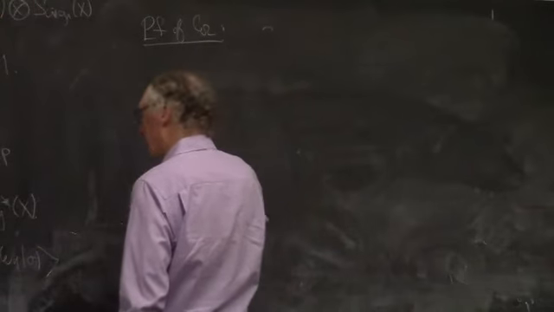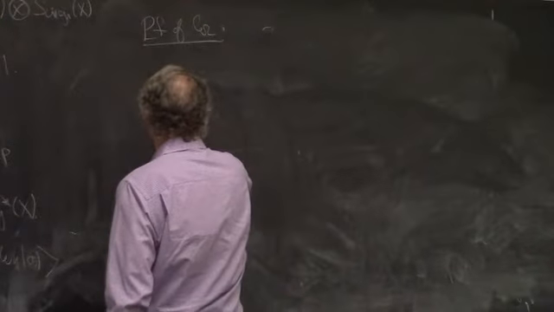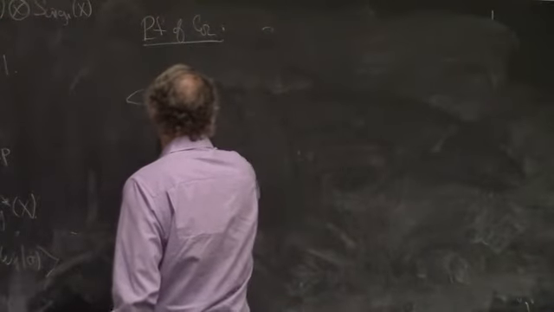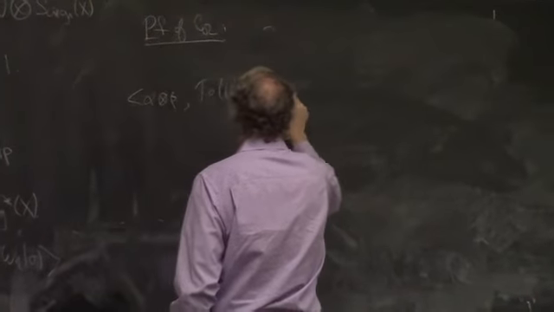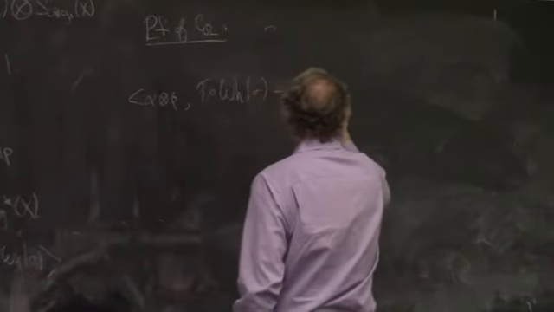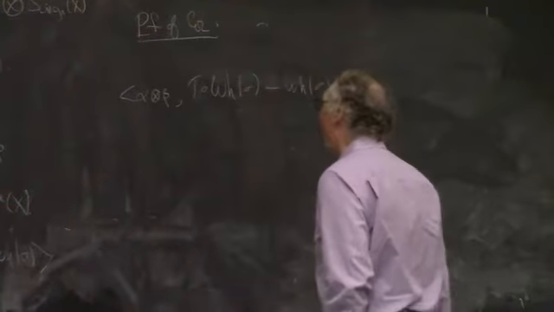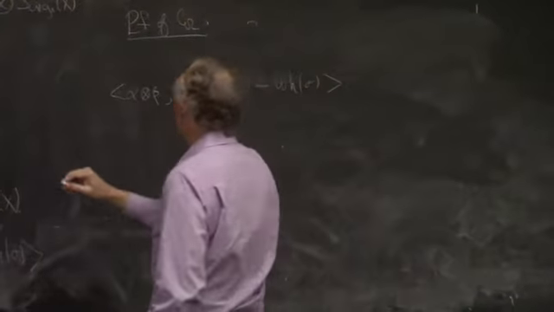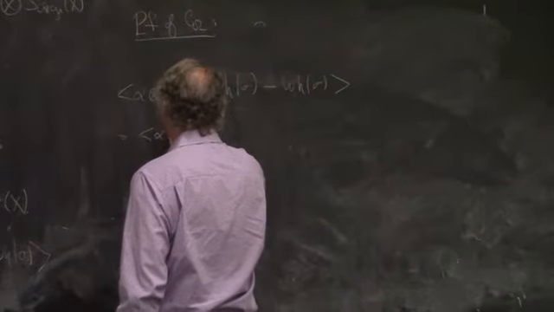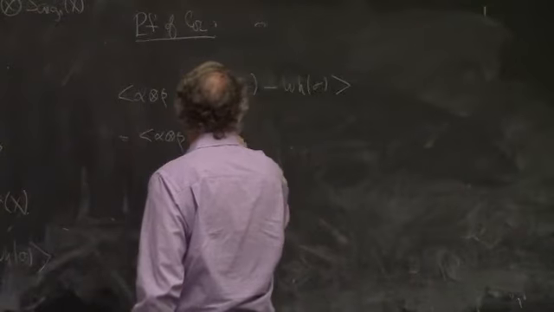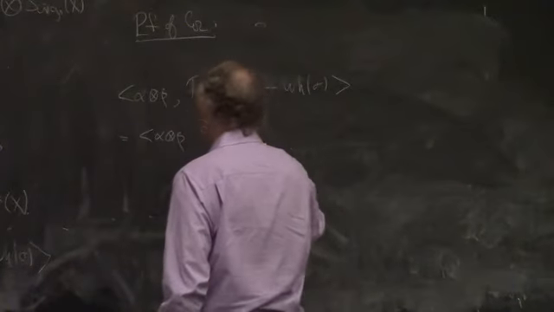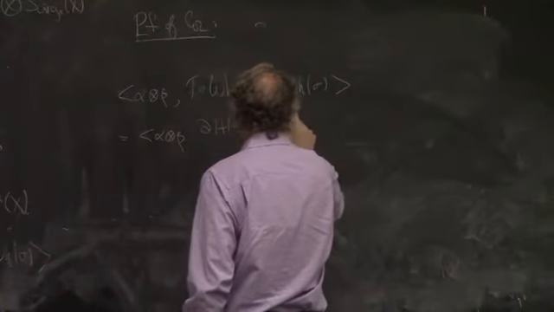Let's take the difference. Let's take alpha tensor beta evaluated on T composed with Whitney of sigma minus Whitney of sigma. Well, I have a formula for that. That's alpha tensor beta evaluated on boundary H of sigma plus H boundary of sigma.